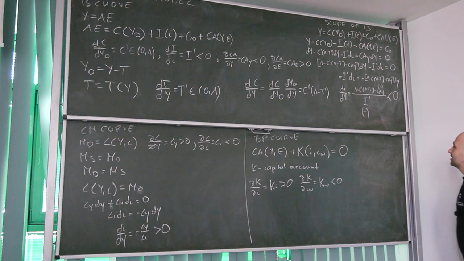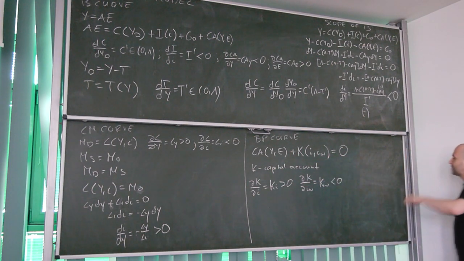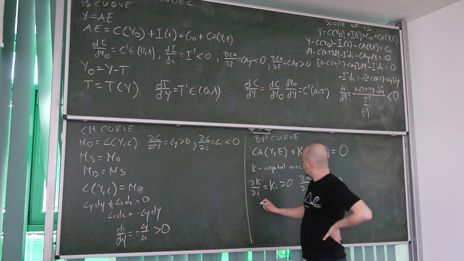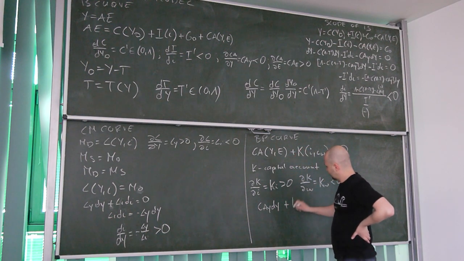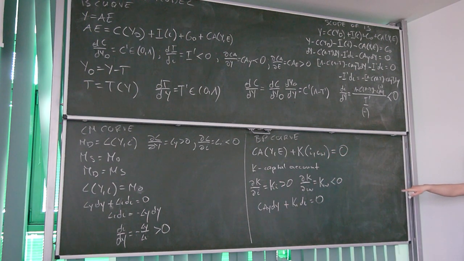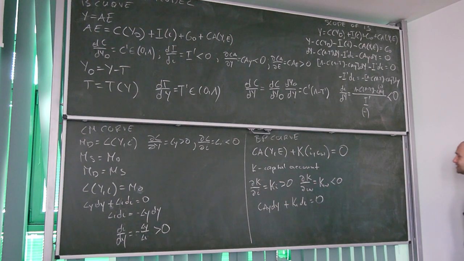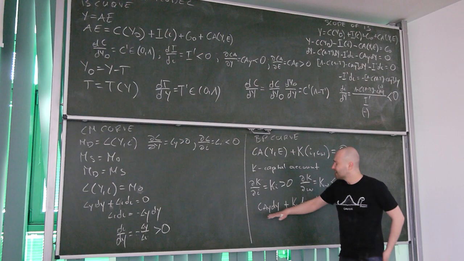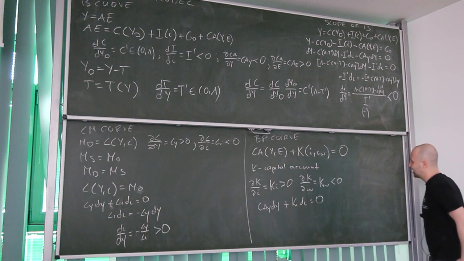Again, in order to find the slope of the BP curve, we need to differentiate this equation with respect to income and interest rate. So we get CAy dy plus Ki di equals 0. We do the same steps. We take the expression with y and put it on the left hand side.